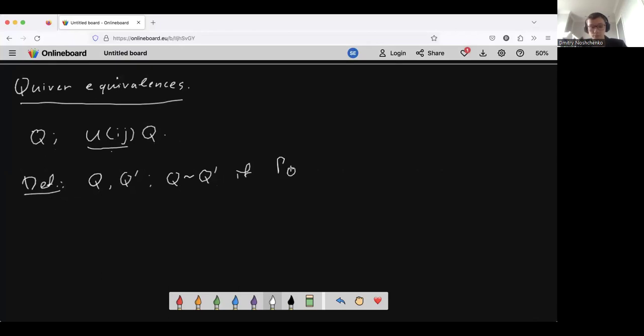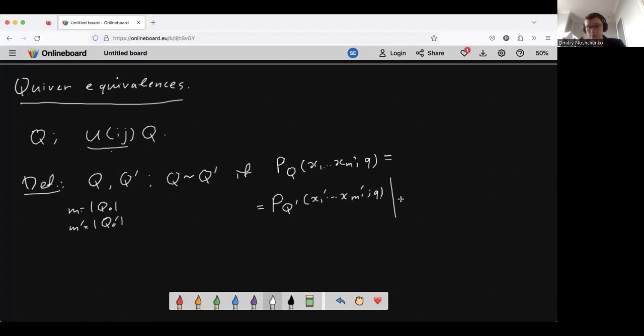So if P of Q of x1 to xm, where m is the size of Q0, and I set m prime as the size of Q0 prime, so when P of Q equals P of Q prime with some other generating parameters, but we allow for this equality to hold when these parameters are related in some way.